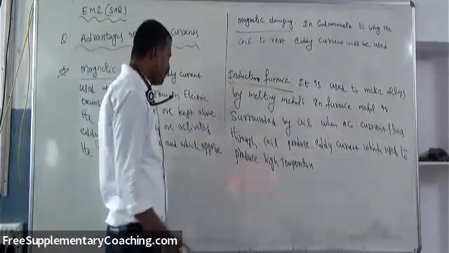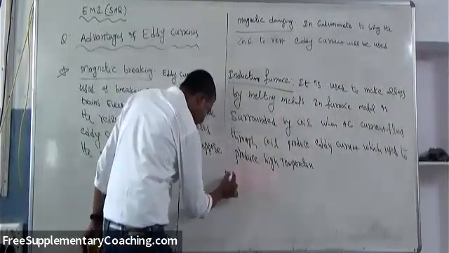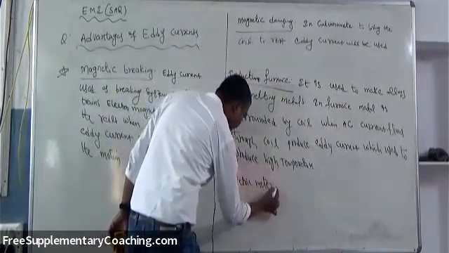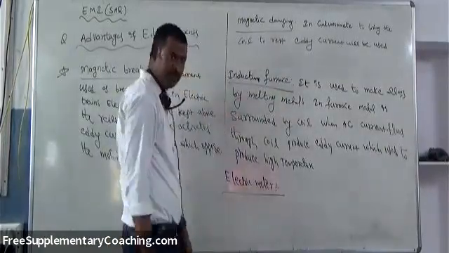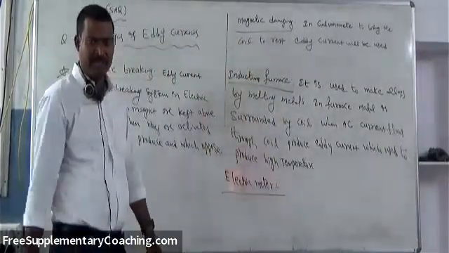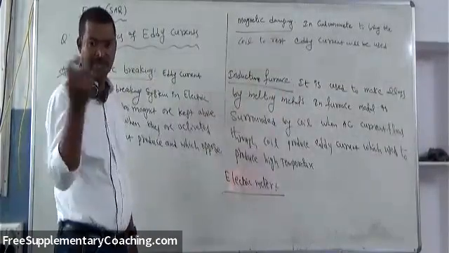The last one is the electric meter. There is a shiny disc present in the electric meter, and it rotates.